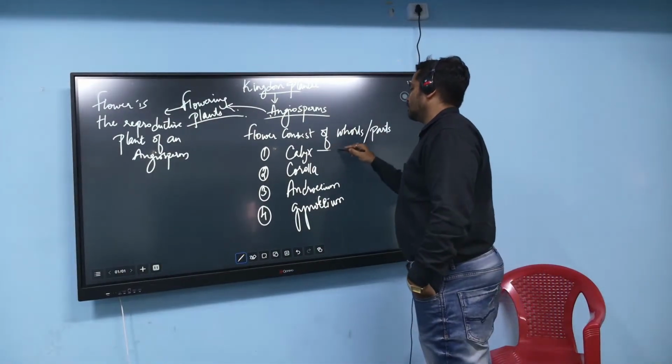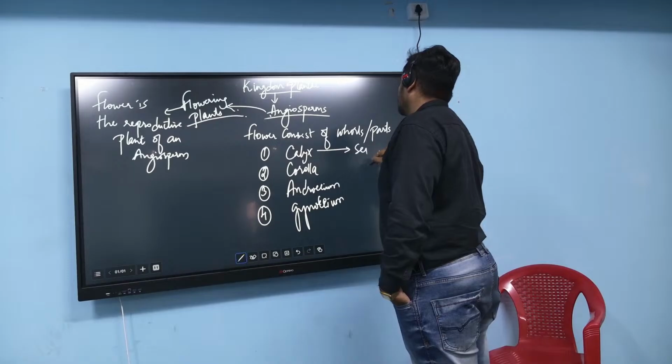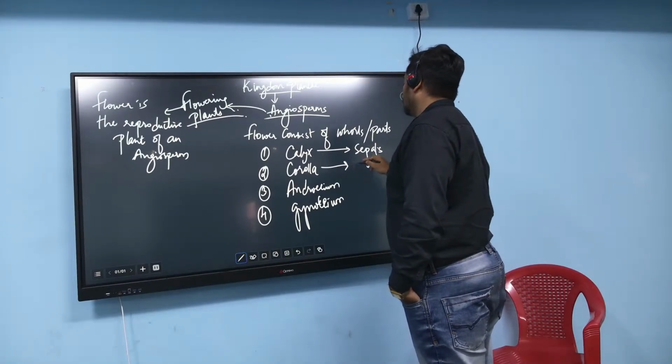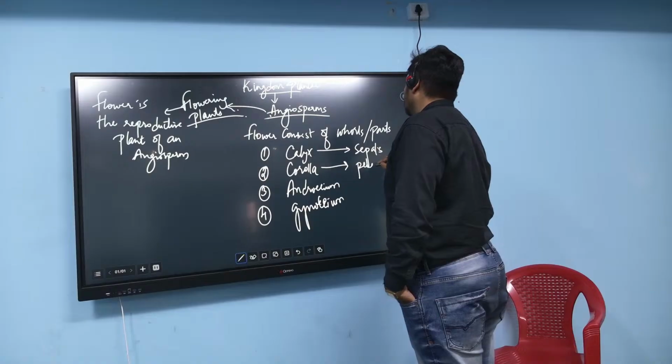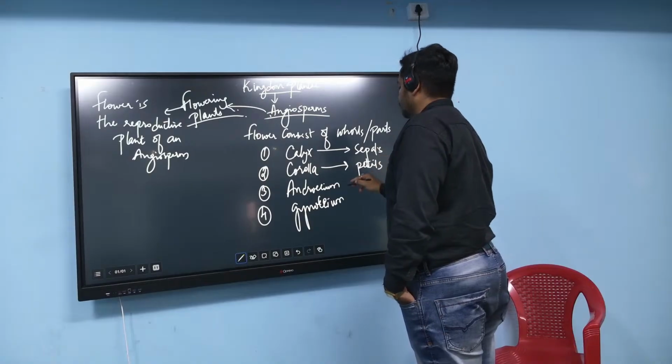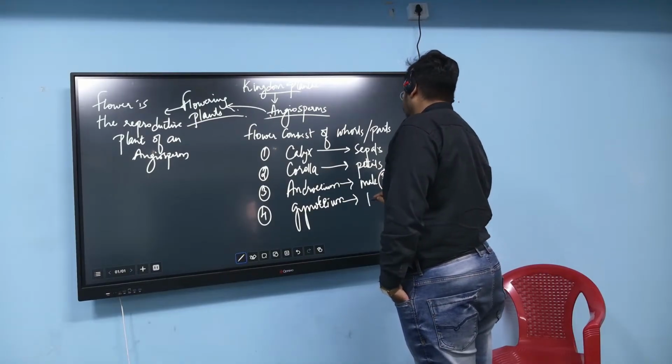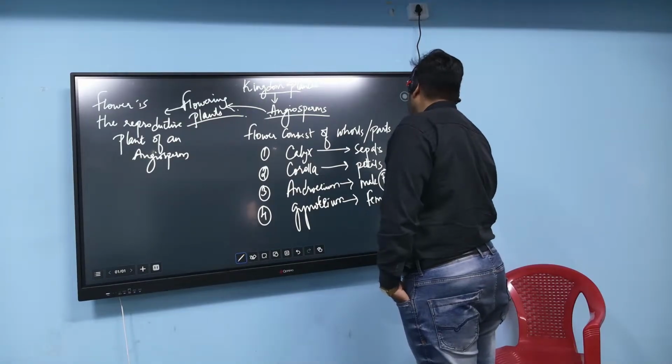Calyx is also called sepals, and corolla is also called petals. Androecium is the male reproductive part, and gynoecium is the female reproductive part.